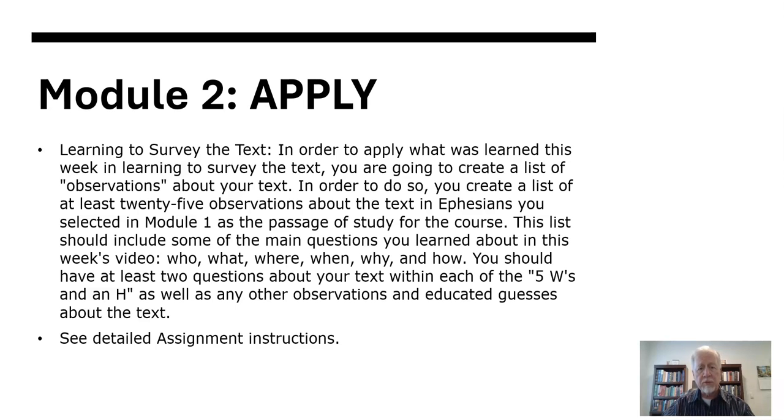This list should include some of the main questions you learned about in this week's video, the who, what, where, when, why, and how kinds of observation questions. You should have at least 2 questions about your text within each of the 5 W's and an H as well. That's the how. As well as any other observations and educated guesses about the text.